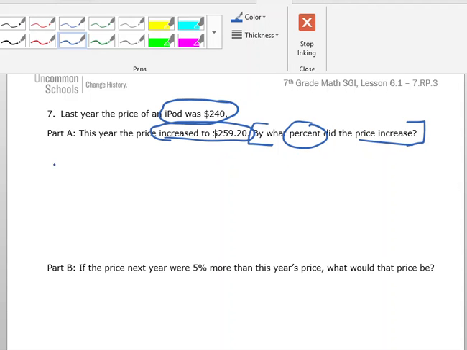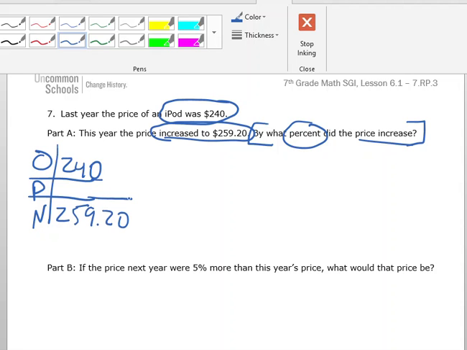So this is a situation where I'm given the original, I'm given the new, I don't know the percent. So for my OPN, my original is 240. My new is 259.20, and my percent is the question mark.